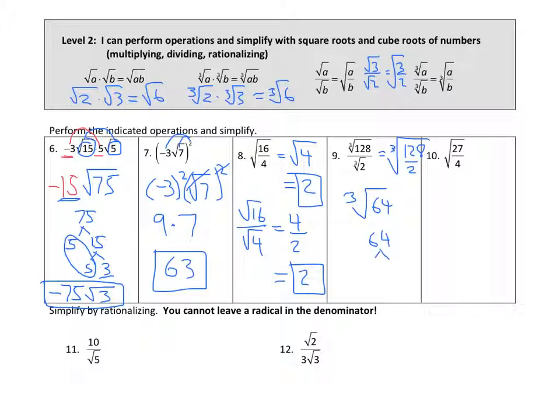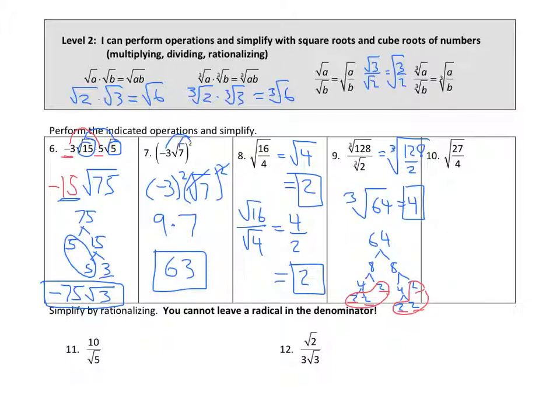And 64 is 8 times 8, which is 4 times 2 and 2 times 2, and 4 times 2 and 2 times 2. So our prime numbers are 6 2's, or two groups of 3 2's. And when we take out 2 2's, we get a 4 because we multiply them together. So the cube root of 64 is just 4.